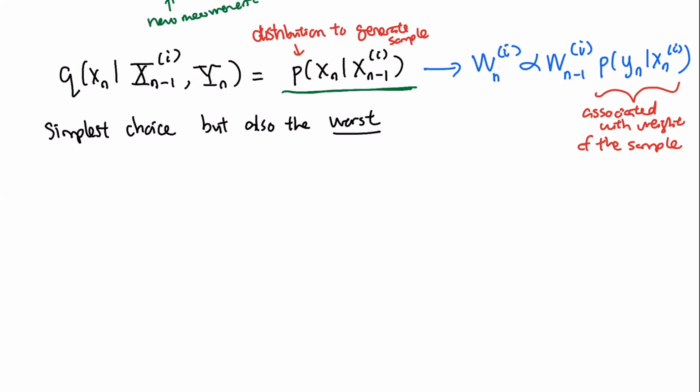Because remember, if you don't do resampling, you're supposed to do a weighted average, and the weight is the normalized weight of the particle. But if a particle has almost close to zero weight, then it doesn't really affect the weighted average very much. So here, do you see when that might occur?